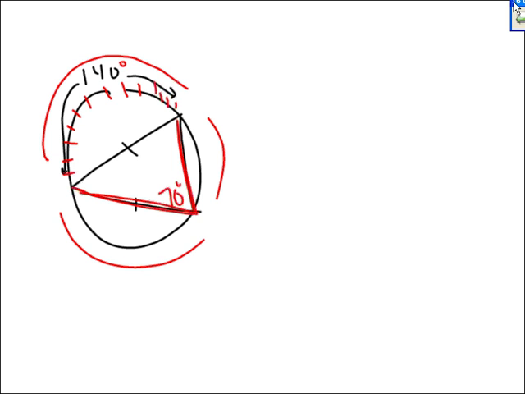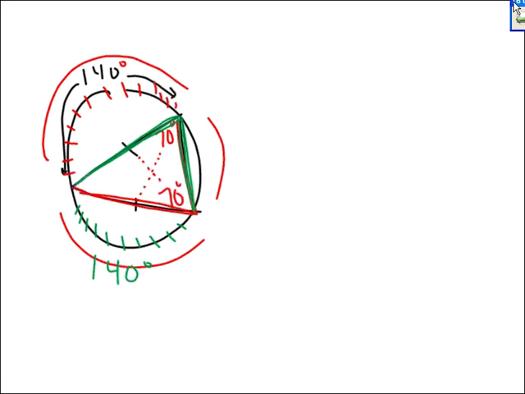And then you say, oh, this must also be 70 degrees. Why is that? Base angles of an isosceles triangle are equal. The angles opposite the equal sides must be equal. And then you say, oh, this 70 degree angle cut off that arc. It must be 140.